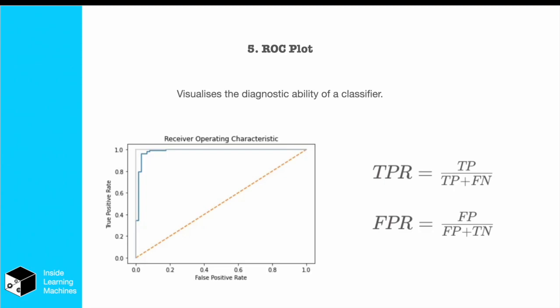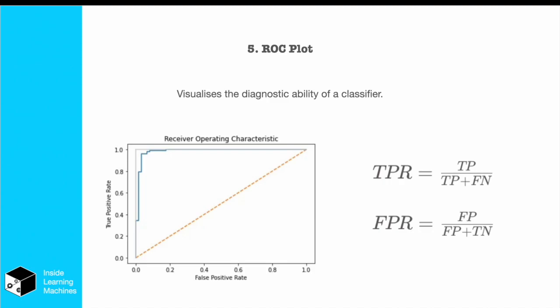Now the model performance is actually indicated by the blue jagged line that you see in the upper left-hand corner of our ROC plot. The orange dashed diagonal line represents random guessing on all of our samples.